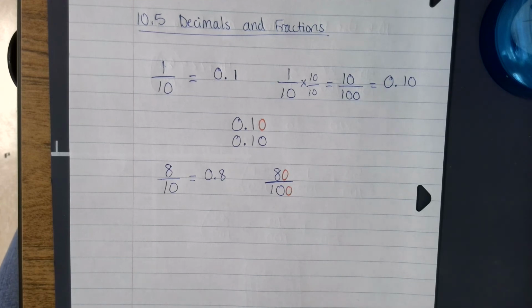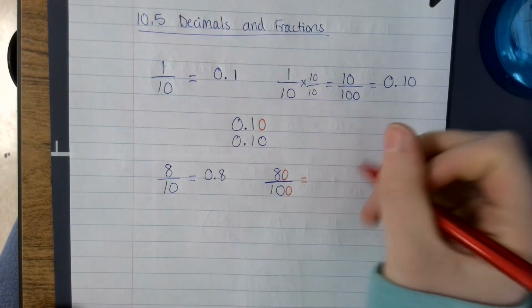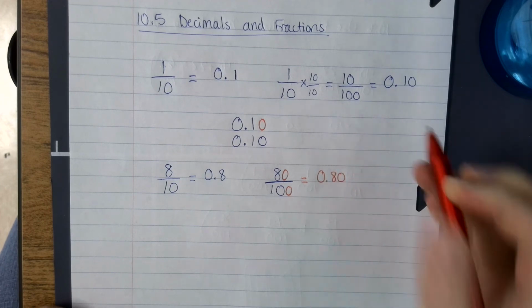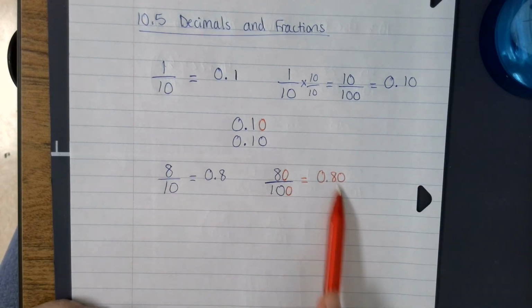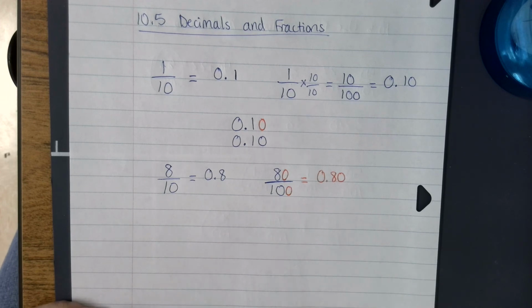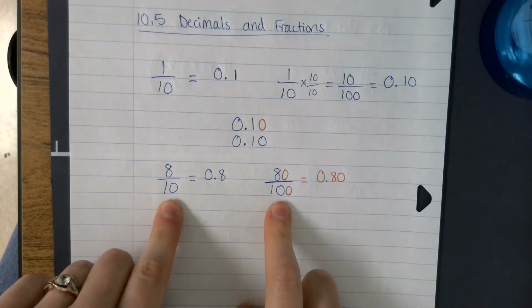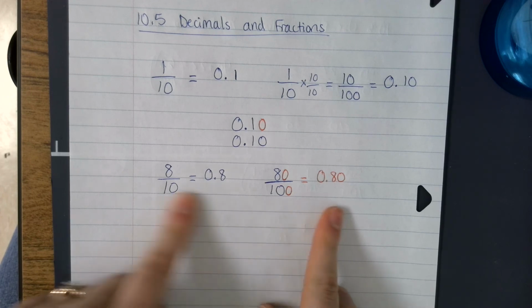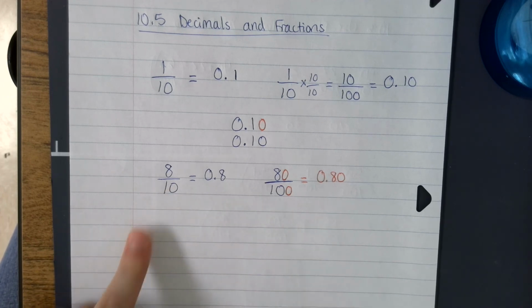Now my new decimal is not 0.8, but 0.80. So these are all equivalent. They all equal each other. They're just written out of different denominators, different amounts of pieces that are cut into the pie. So this one is tenths, this one is hundredths, but they are both equivalent.